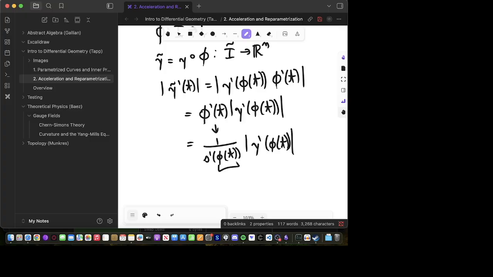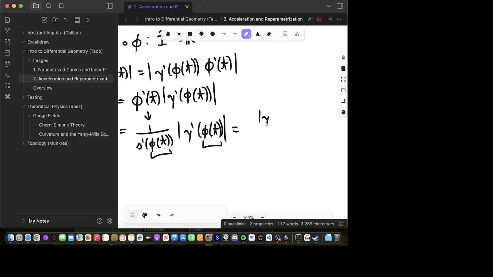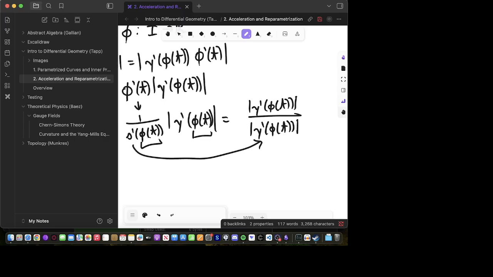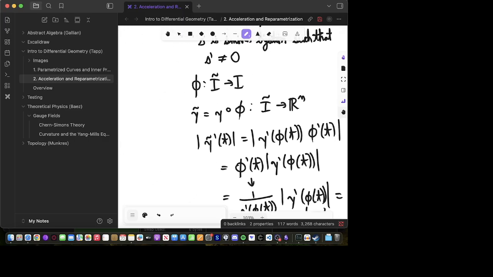So since we have phi of t in both arguments, we have this, because S prime is equal to the norm of gamma prime, and that is equal to 1.